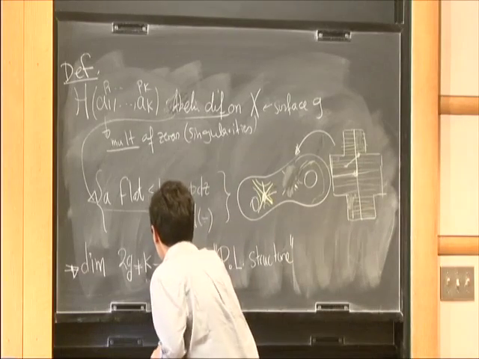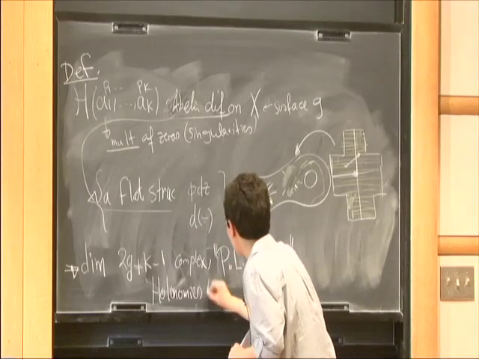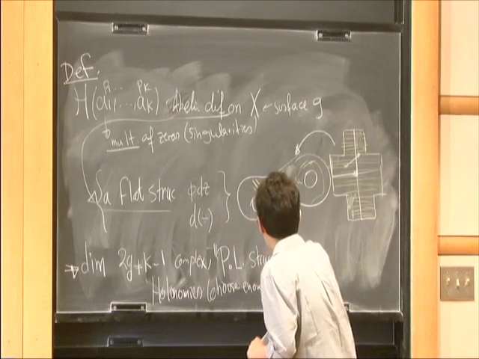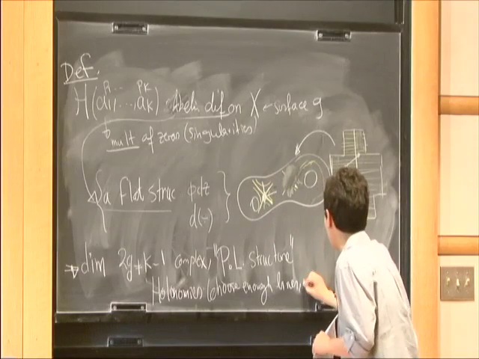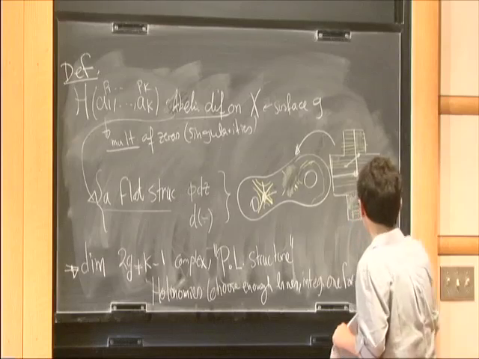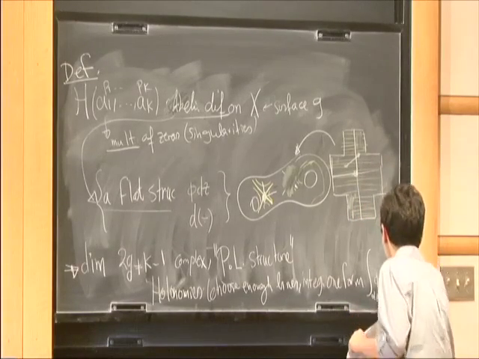So by using holonomies, you can choose enough lines and integrate the one form along these alpha i's.